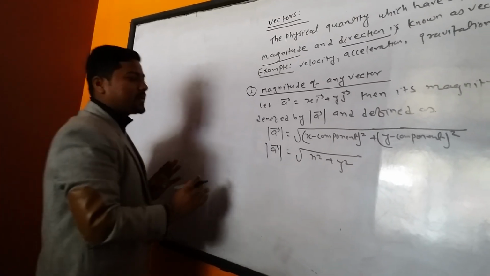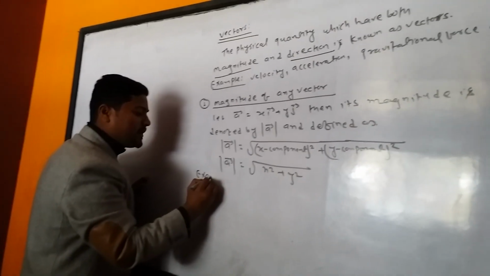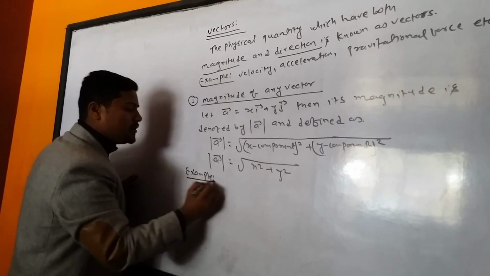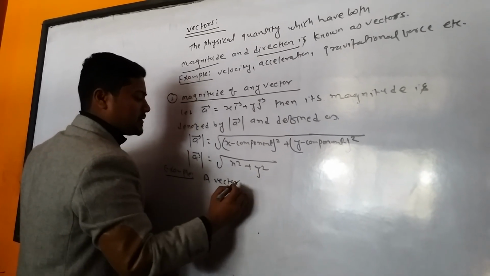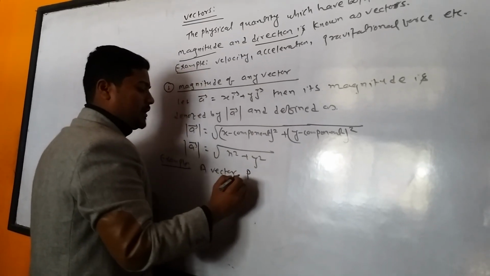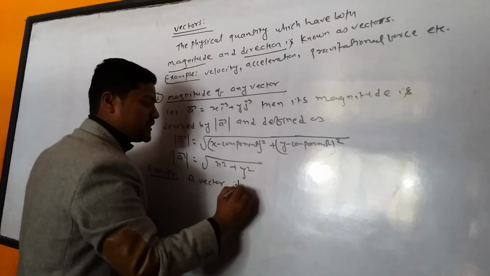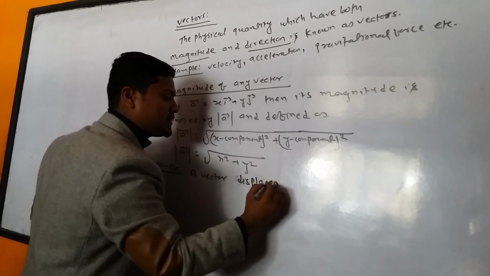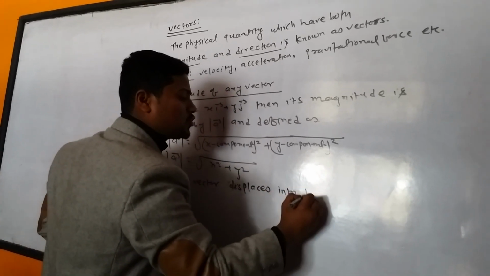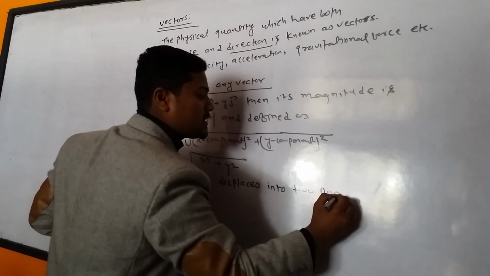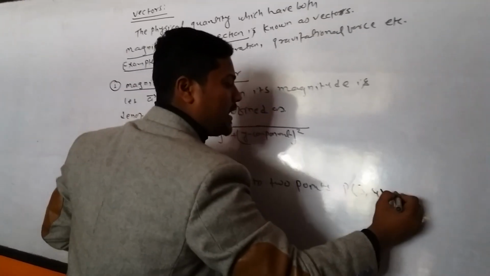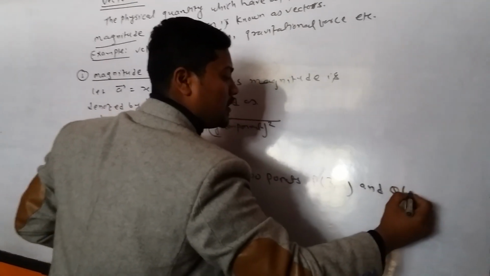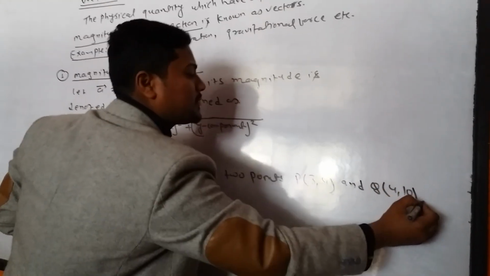Now let's take an example. A vector displaces between two points, P(3, 4) and Q(4, 10).